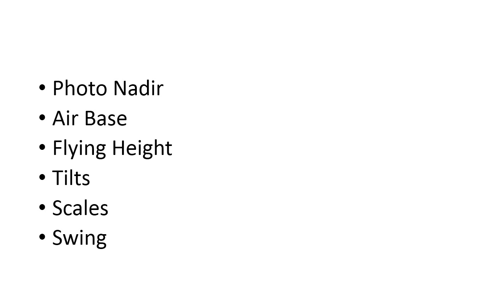So, students, these were the important elements of aerial photograph: photo nadir, air base, flying height, tilt, scale, swing. Apart from this, we also have the principal point, principal focal point, fiducial mark, etc.